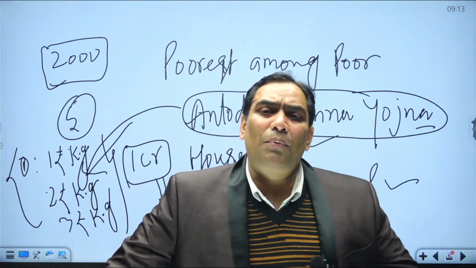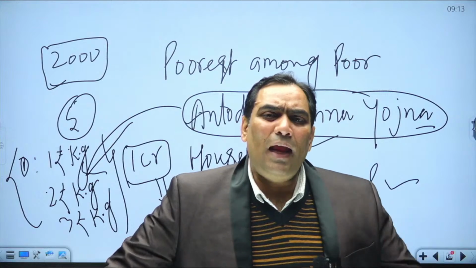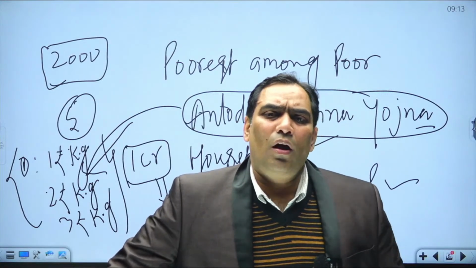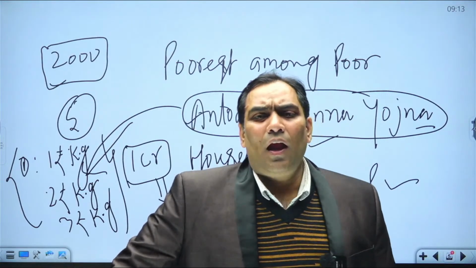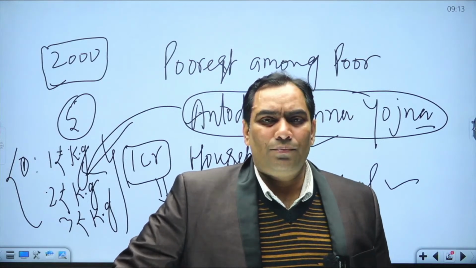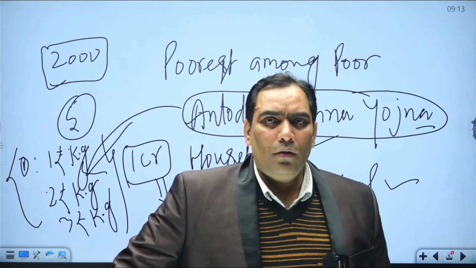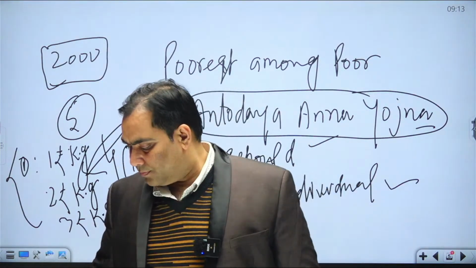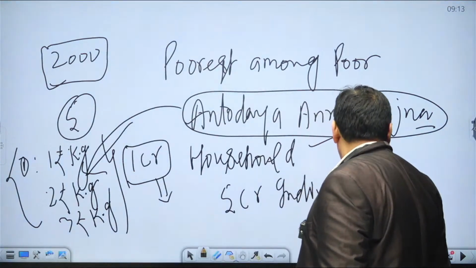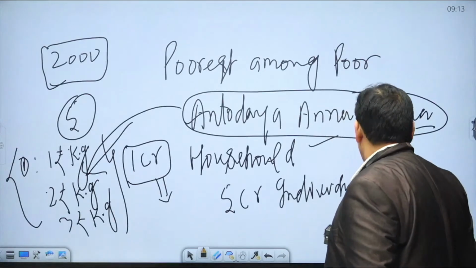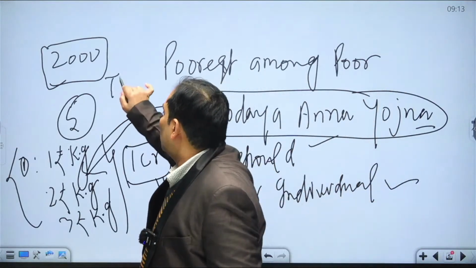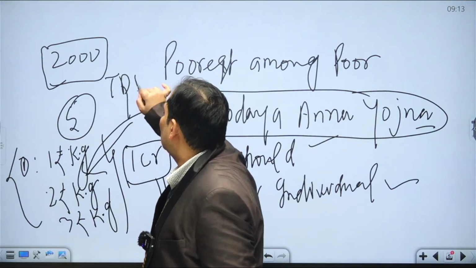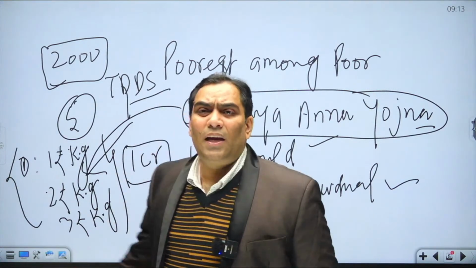It was under the TPDS only, but BPL was further divided into Antyodaya Anna Yojana families and non-Antyodaya Anna Yojana families. Again, be very clear. Again in 2013, this TPDS system was universal.